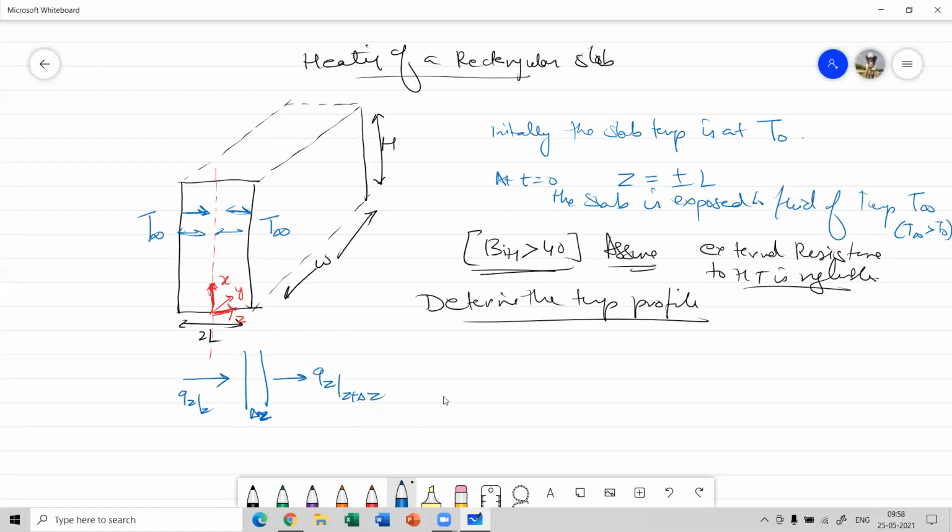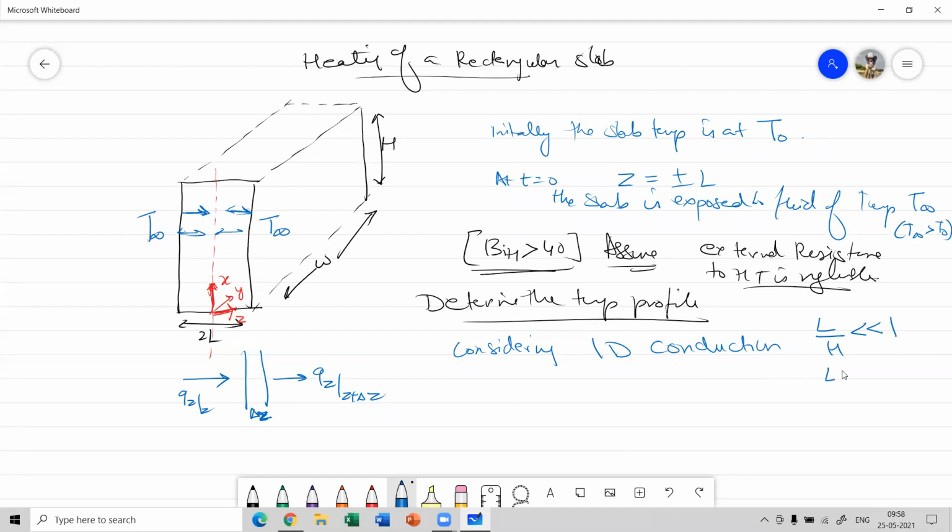Now in order to resolve that, we are considering one-dimensional conduction, and in that case we have the condition that the thickness with respect to the height, L over H, is much less than 1. That is, it's a very small thickness in comparison to the height.